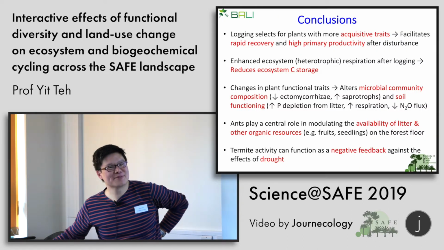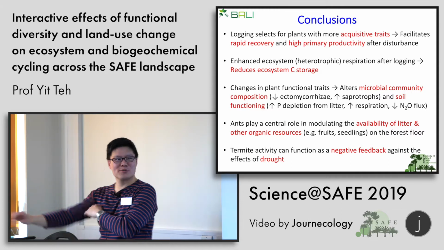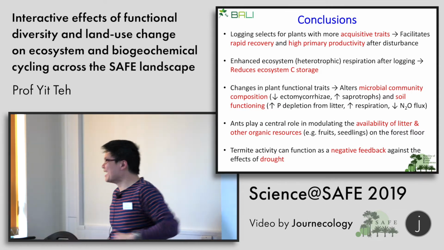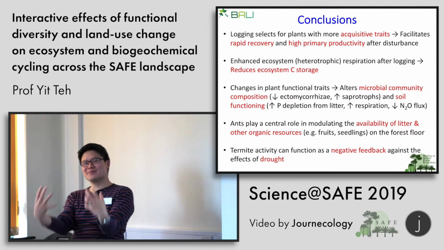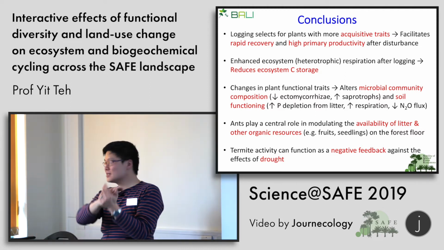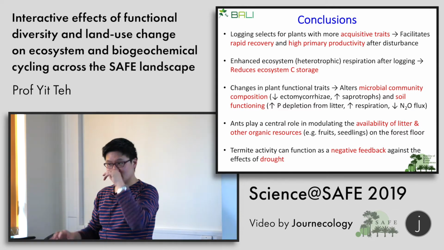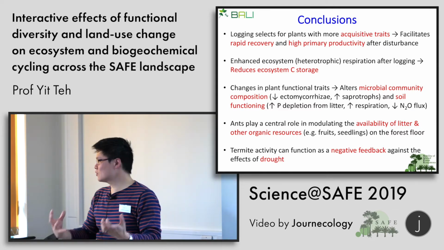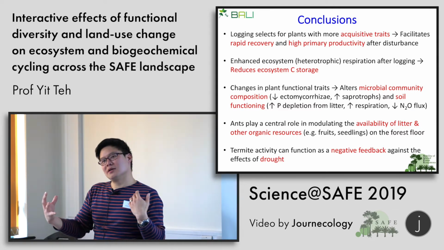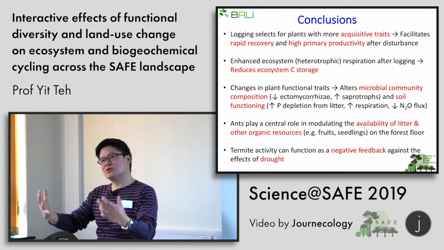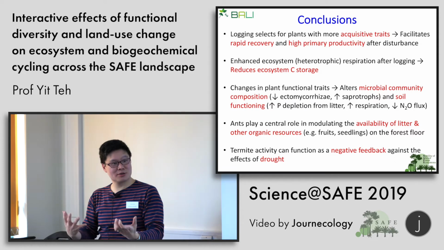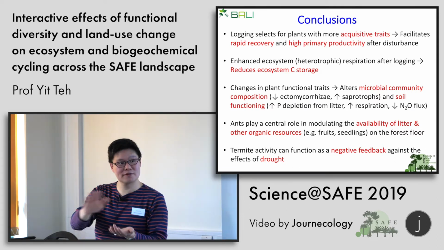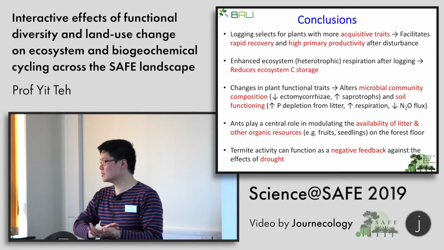So miraculously, my last slide, just in time, or maybe running over massively. But a couple of things. I think there is a mixture of effects. Logging can select for a plant community that has more acquisitive traits. That translates into rapid rates of regrowth, but no net increase in carbon sequestration because things like heterotrophic respiration might be hugely enhanced.